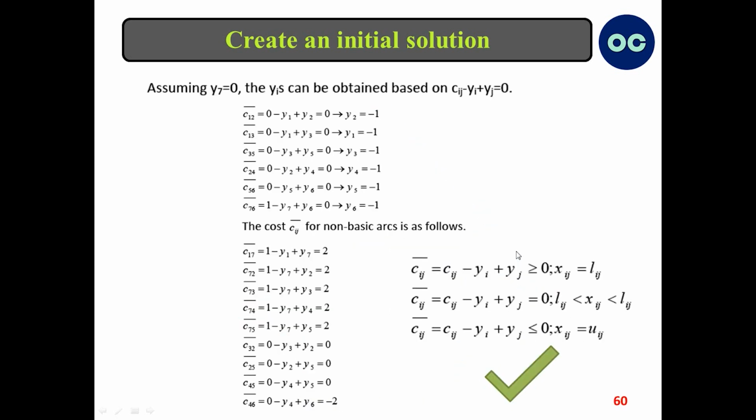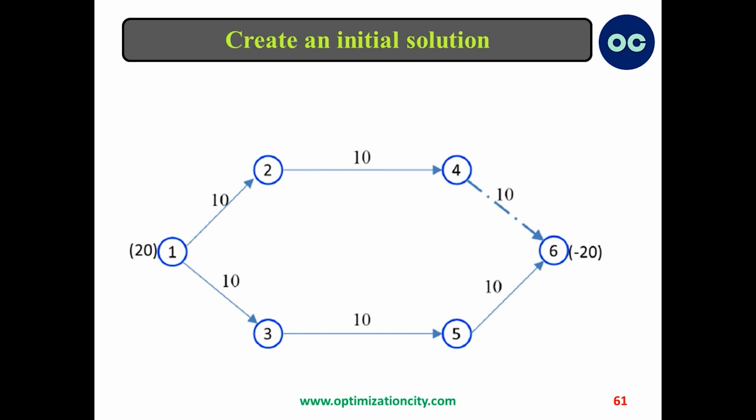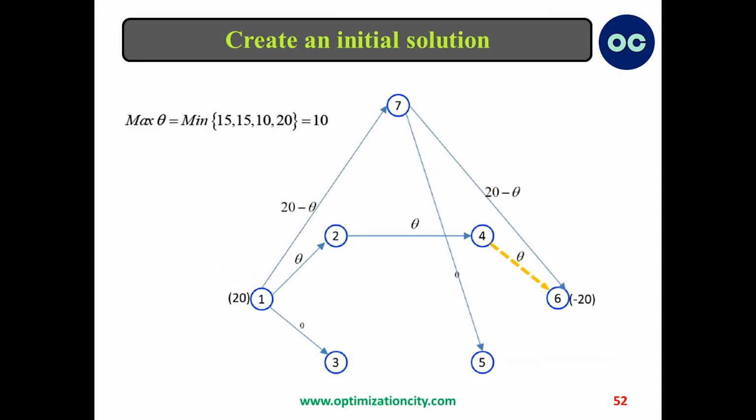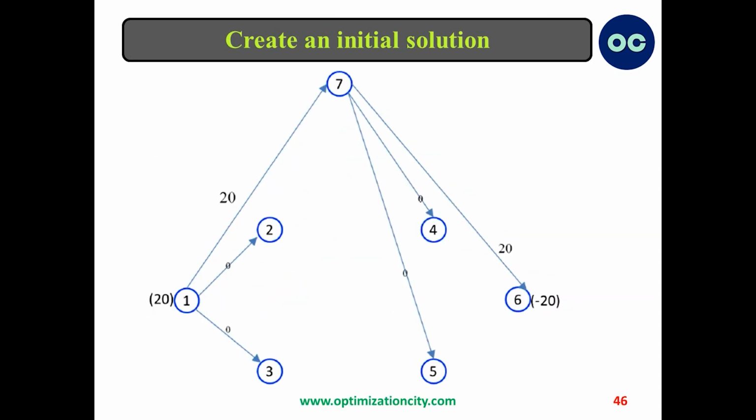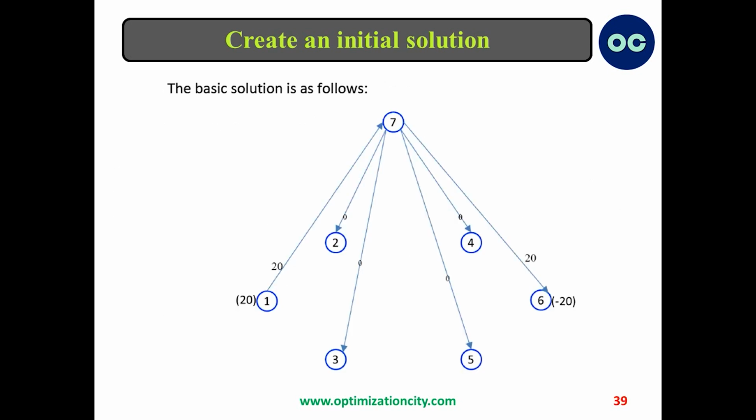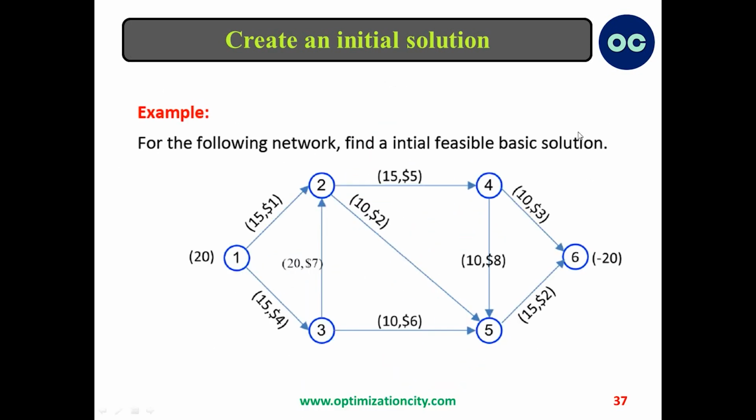So it means that this is the final or optimal solution for this network, and we can use this solution as the initial solution for finding the minimum cost flow solution for this network.